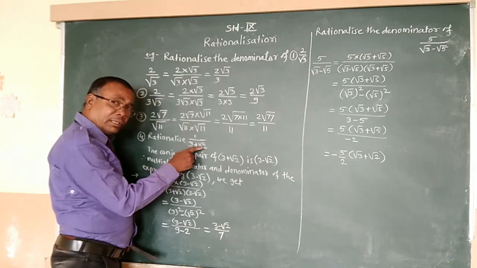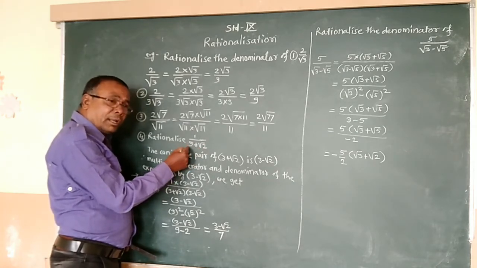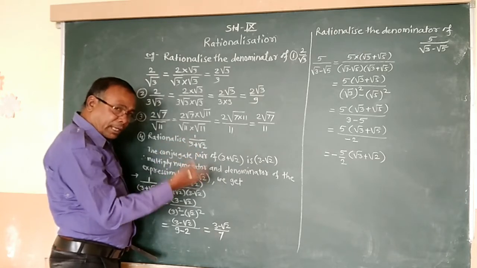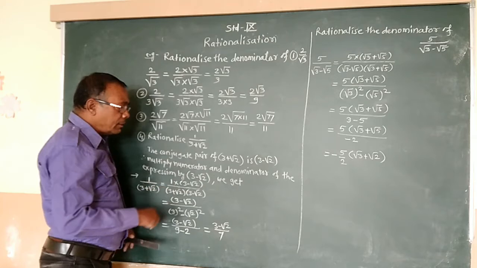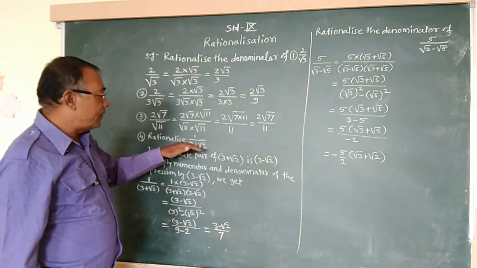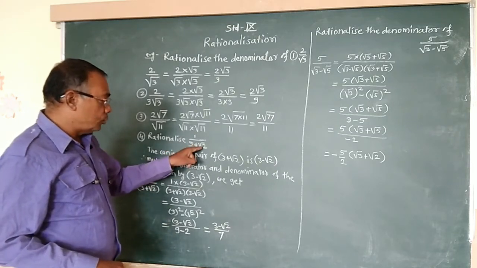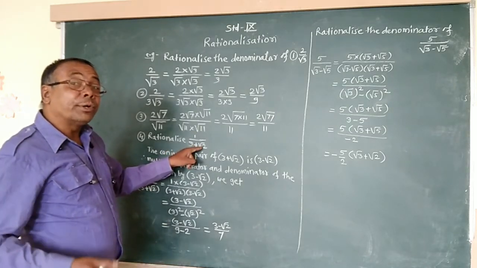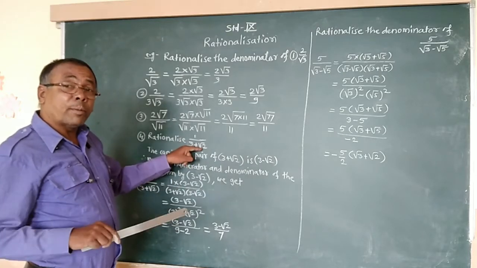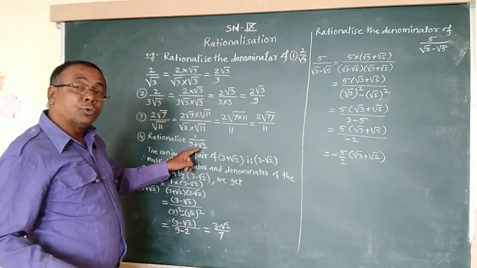If there is addition or subtraction of a rational and an irrational number, or of two irrational numbers, then we have another method of rationalization. Here 3 plus root 2 is there, so we have to multiply numerator and denominator by the conjugate pair of 3 plus root 2.